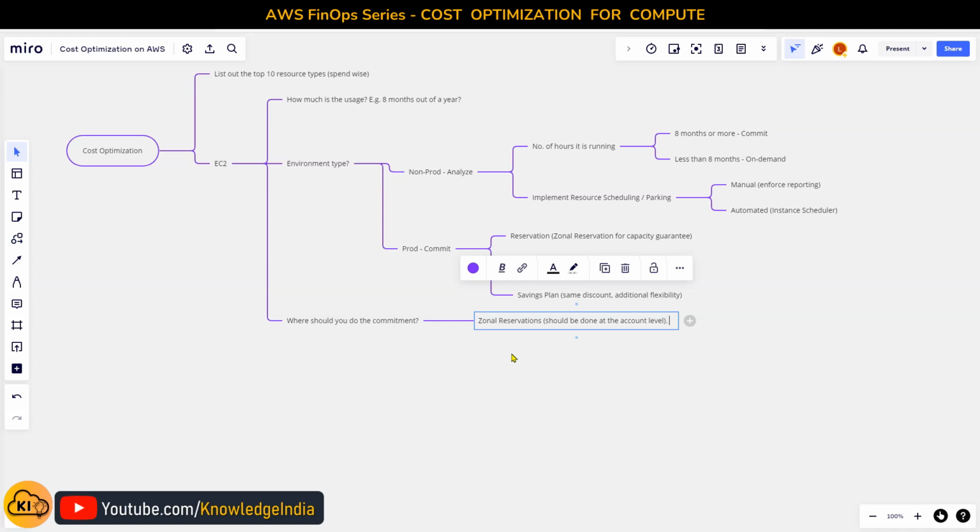Why so? Because you are doing zonal reservation since you want the capacity to be guaranteed for one of your workloads.